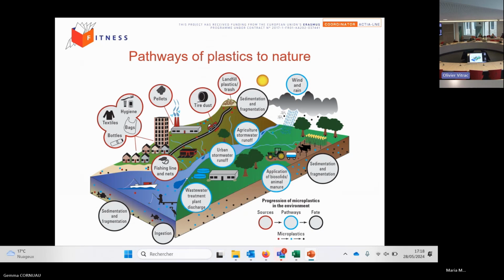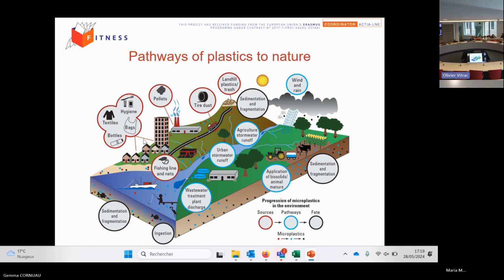The pathways to nature of all those plastics are multiple. What you can see is that we have a lot of pollution coming from cities. So you have the city dust, the tire dust because of the abrasion of car tires.